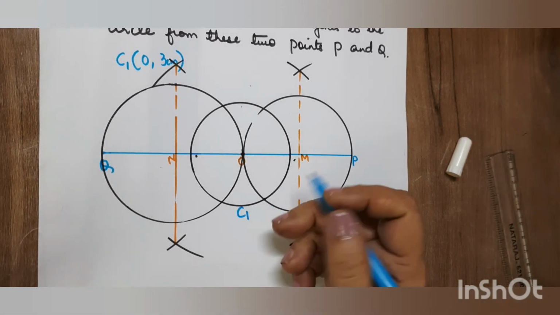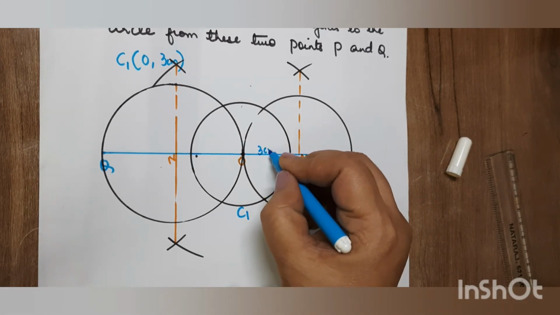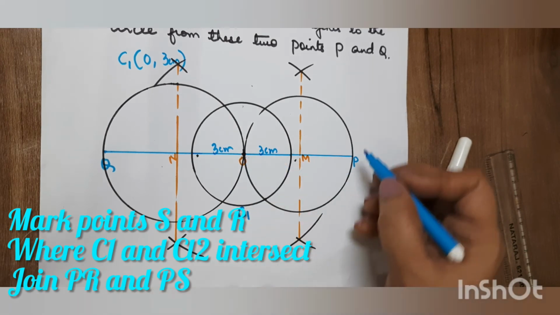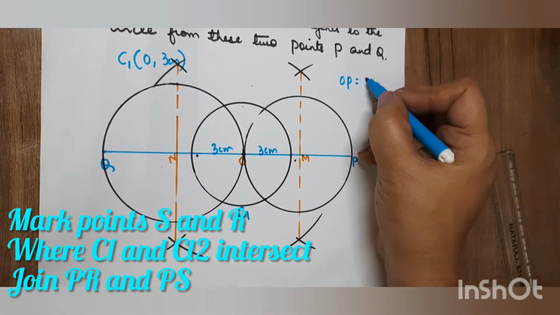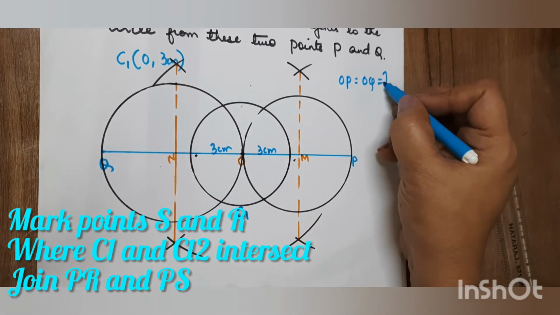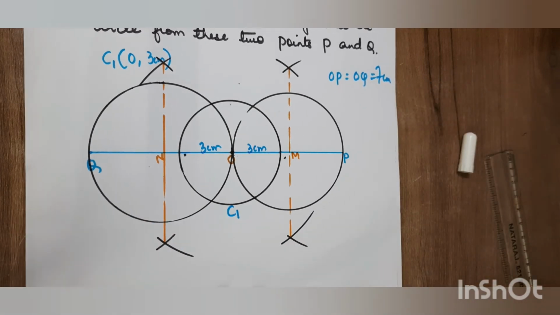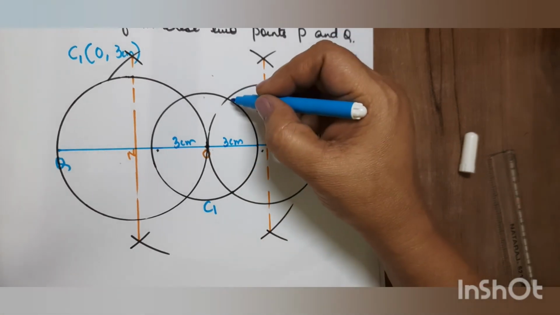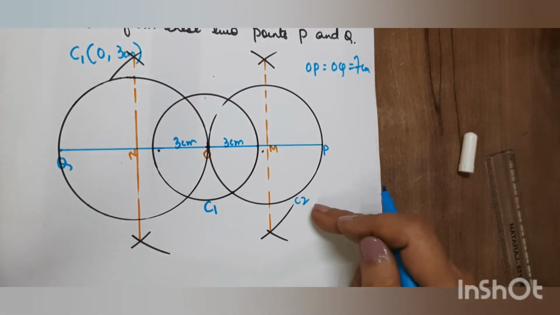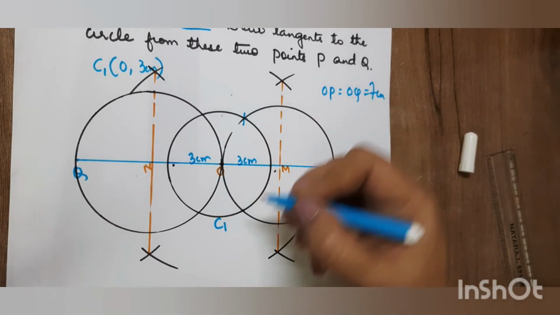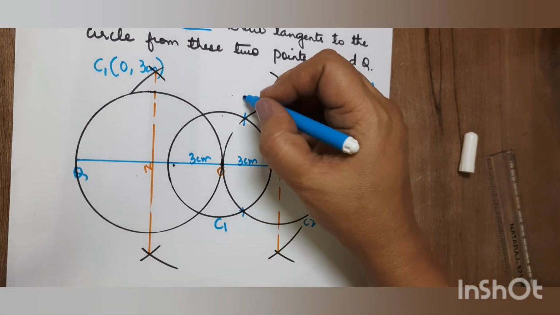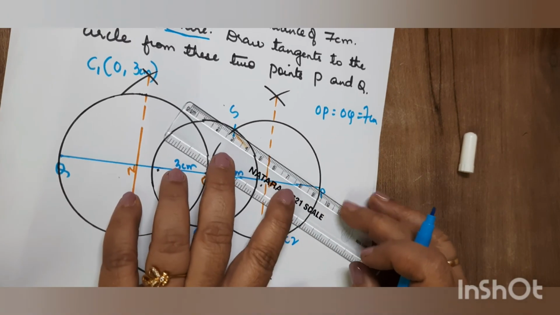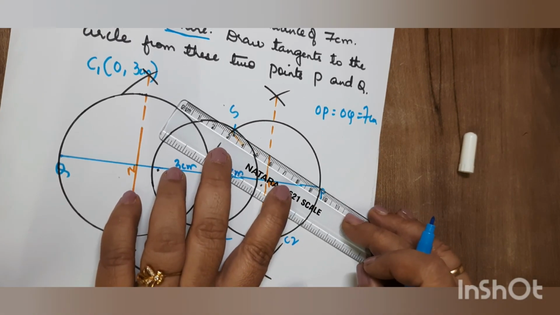Now the perpendicular bisector and the extra circle are what we added from our side. This is the given circle C1, this is 3 centimeter this side, this is 3 centimeter, and OP and OQ are the distances that are 7 centimeter each. Now here you can see this C1, and make this circle C2. They intersect at common points, say S and R. Join from external point P to circle C1.